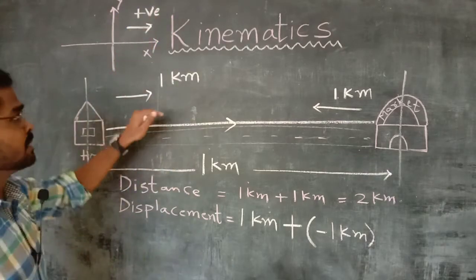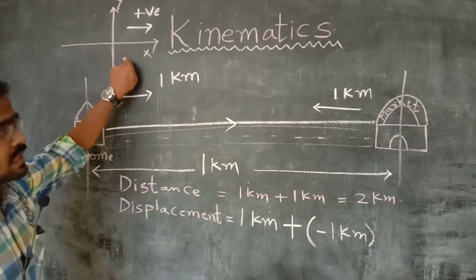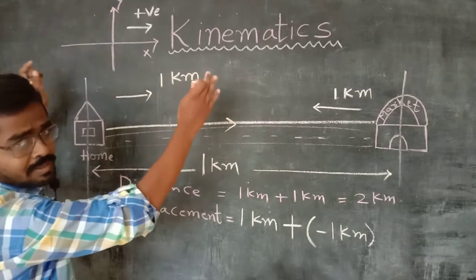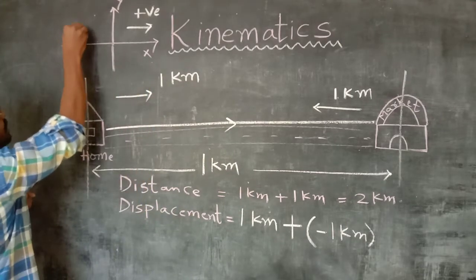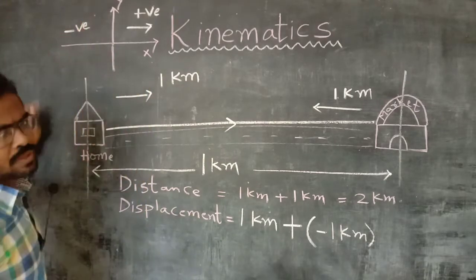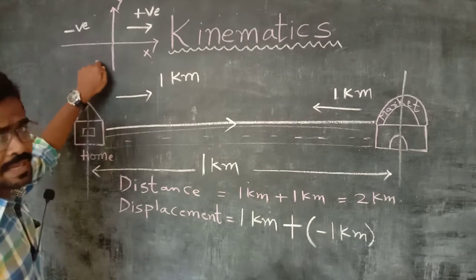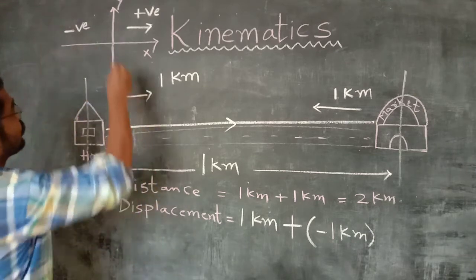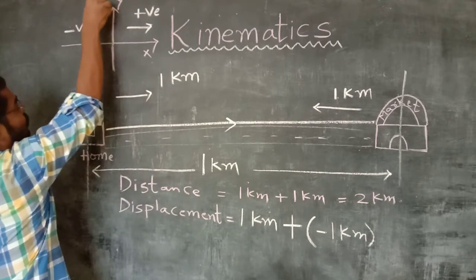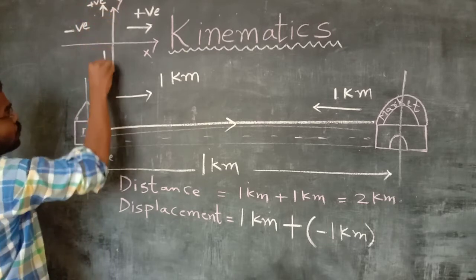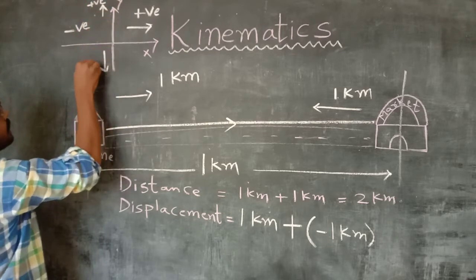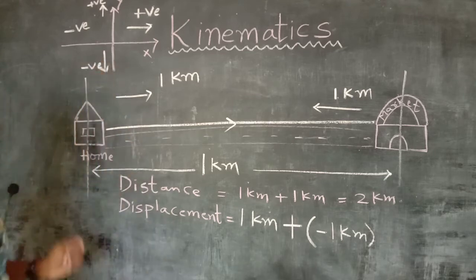You can take it in any manner, but many of us take it like this. The right side is taken as the positive x-axis and the left side as the negative x-axis. In the same manner, the upward direction is the positive y-axis, and the downward direction we will take as negative.